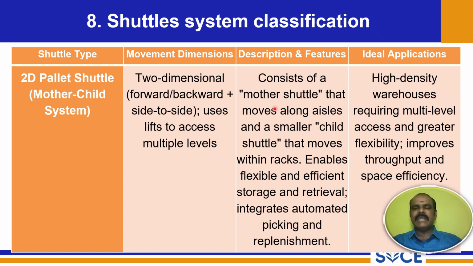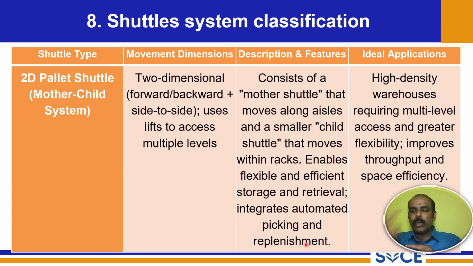It consists of a mother shuttle that moves along aisles and a smaller child shuttle that moves within racks. It enables flexible and efficient storage and retrieval, and integrates automated picking and replenishment. So it can be used for both cases. Two pallets will be there. One will be the mother pallet that acts as a lift, and within it there will be another pallet called the child pallet, which is going to move in the front and back direction.